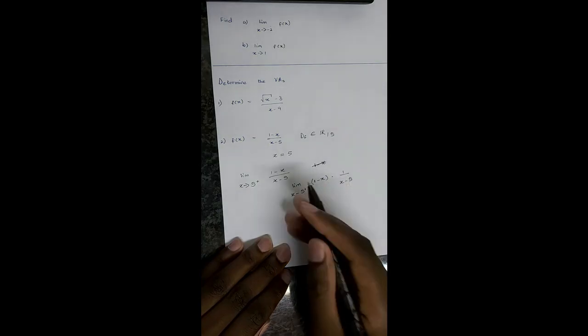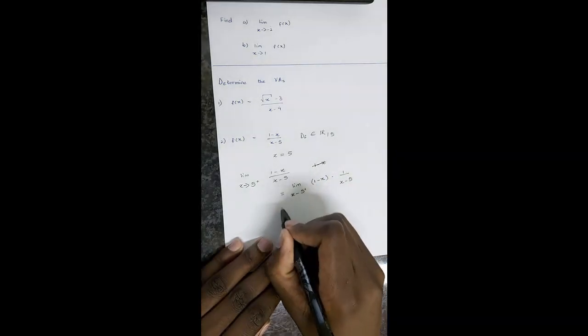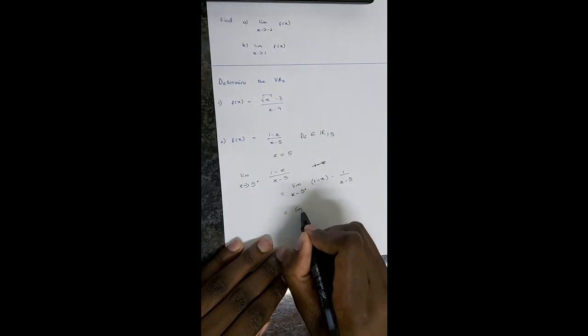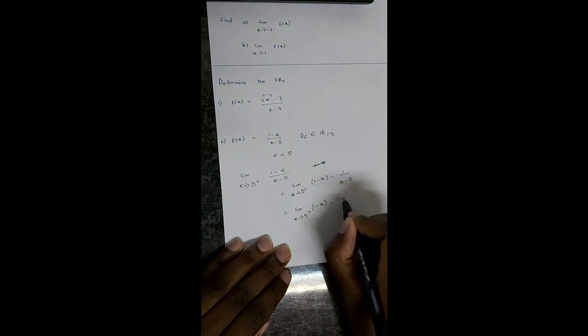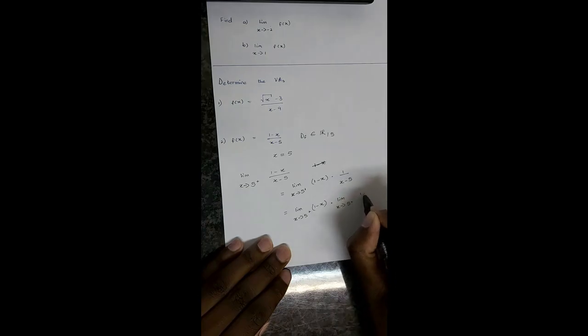We can separate it further, so that it becomes the limit as x approaches 5 from the positive of 1 minus x, multiplied by the limit as x approaches 5 from the positive of 1 over x minus 5.